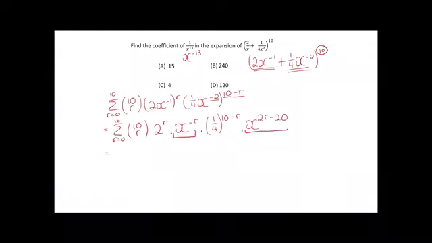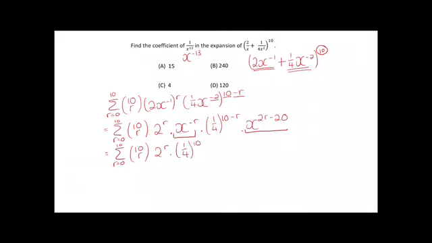I've then got an x over here and an x over here. I can combine them. So again, the sum from r equals 0 to 10, 10 choose r, 2 to the power of r, and I'm going to put all my numbers over to this side. If I've got an x to the power negative r, and an x to the 2r minus 20, when I combine them together, I end up with x to the power r minus 20.